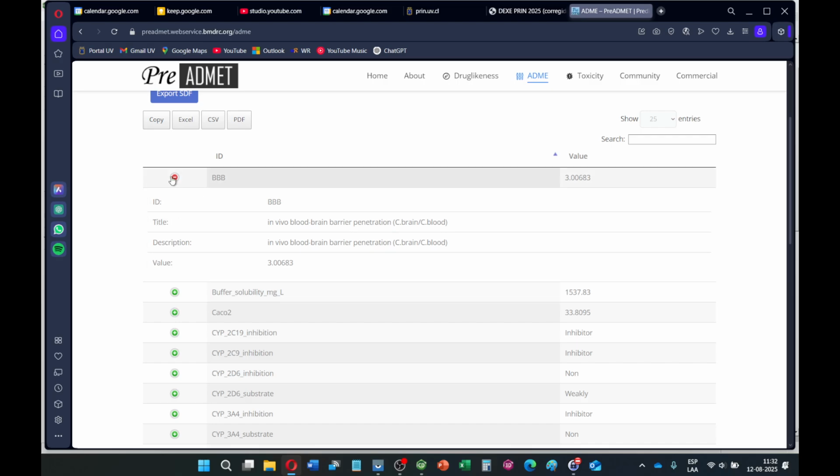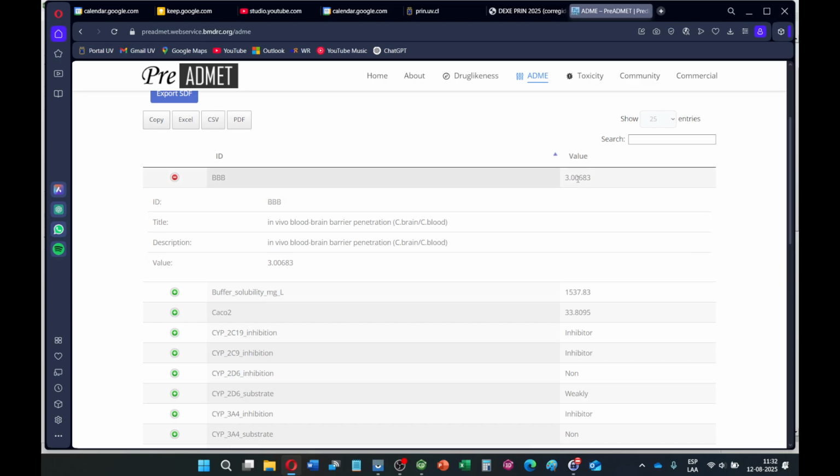As you can see, one expands and the meaning appears: concentration that reaches the brain divided by the concentration in plasma or in blood. It says here 3. That is, if this value is 3, it concentrates 3 times more in the brain than in the plasma. That is, if this molecule we inject it, it will be absorbed into the brain.